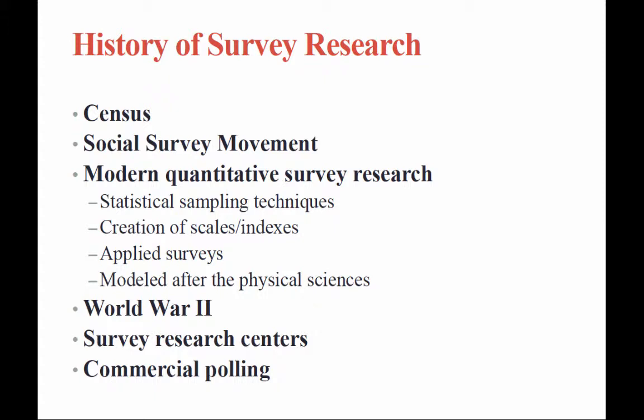Also, surveys came to be widely used during the social survey movement. This happened especially in the 1960s, but a little bit into the 1950s, 1960s, and 1970s. Then within surveys, you also have the modern quantitative survey research theme or motivation, and this comes down to surveys that were sort of designed after the physical sciences and this attempt to make social sciences more scientific.